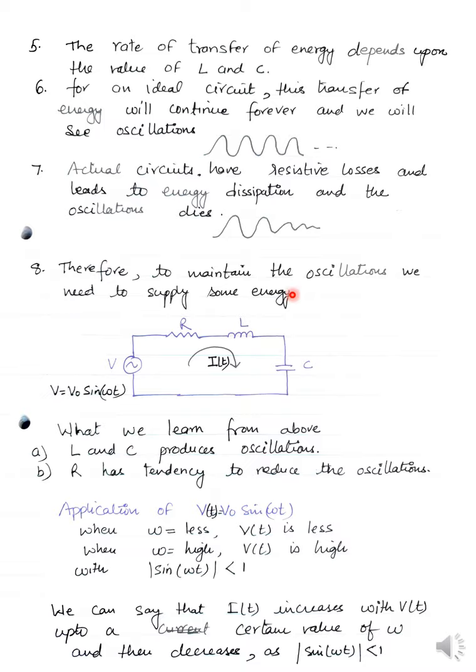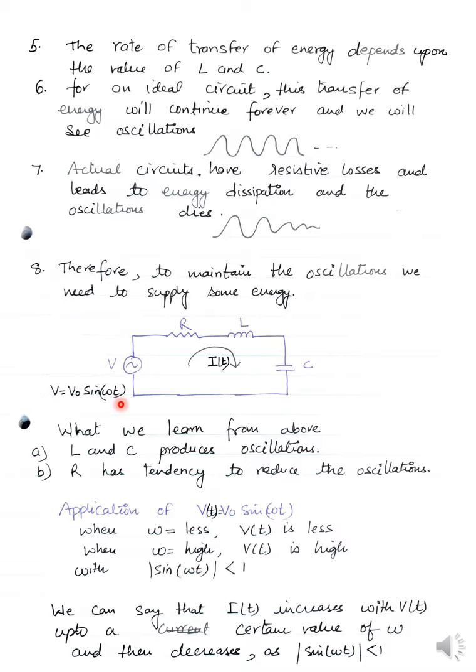So now we are considering a circuit which has a resistance, and it is connected to a combination of inductor and capacitor, and we are applying an external energy, or you can say an external source of voltage, which is equal to V naught sine omega t.